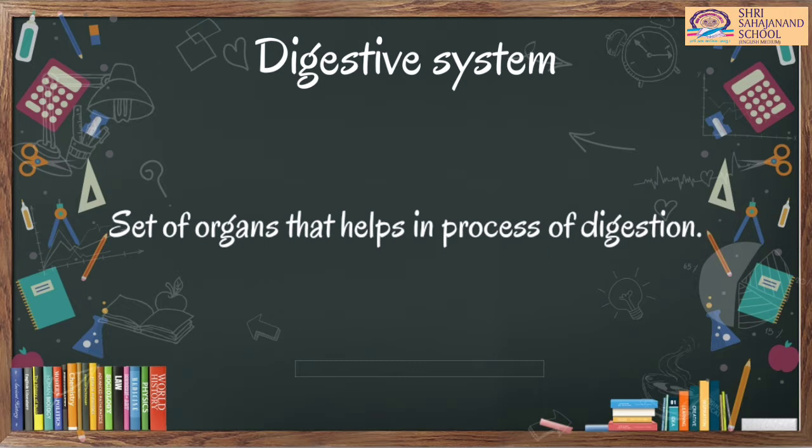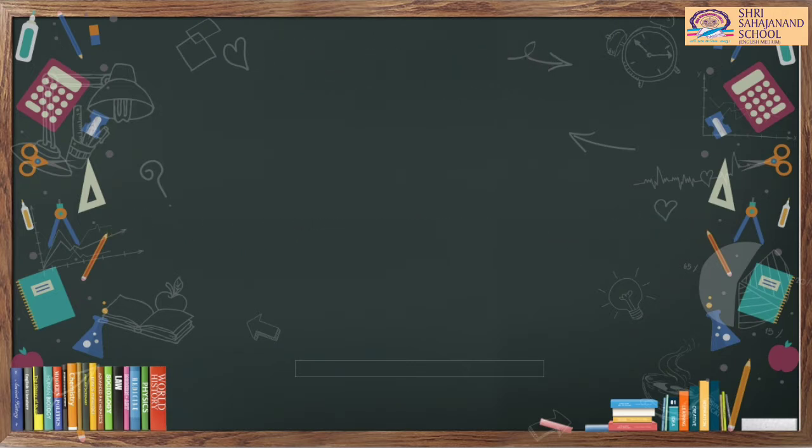So there are some organs in our body that help in this process of digestion, and that set of organs is known as the digestive system. Simple. We will see the main organs in the digestive system in the next topic.